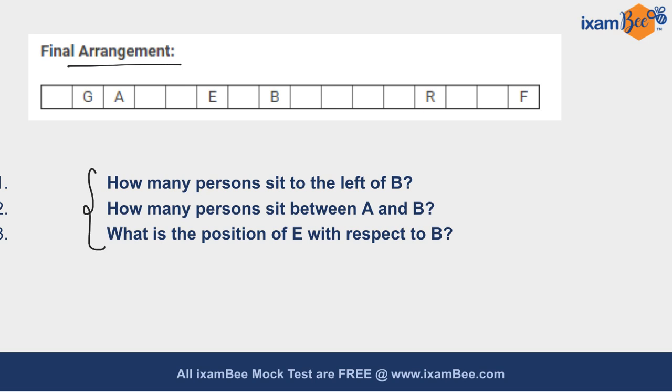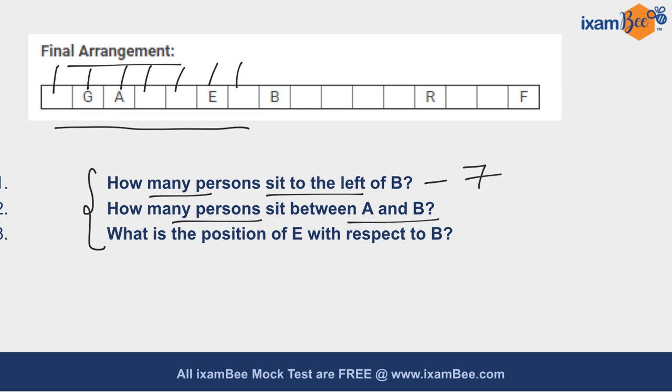So your first question says, how many persons sit to the left of B? So you can count the number of persons to the left of B. Clearly, there are 7 slots over here. So the answer for this particular question is 7. Your second question says, how many persons sit between A and B?